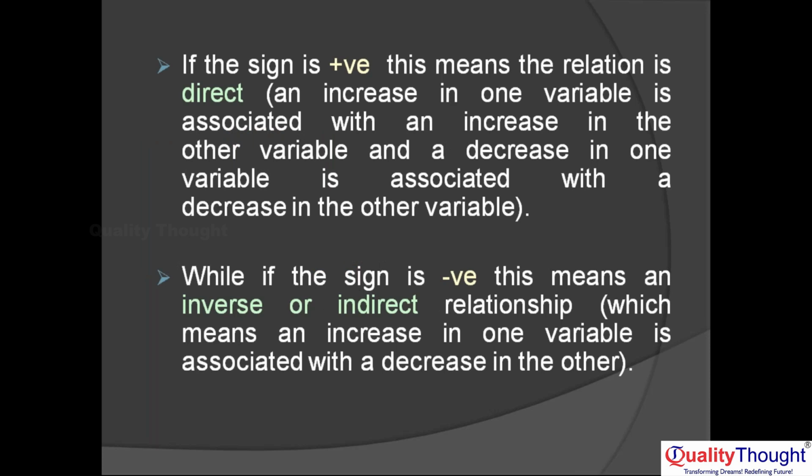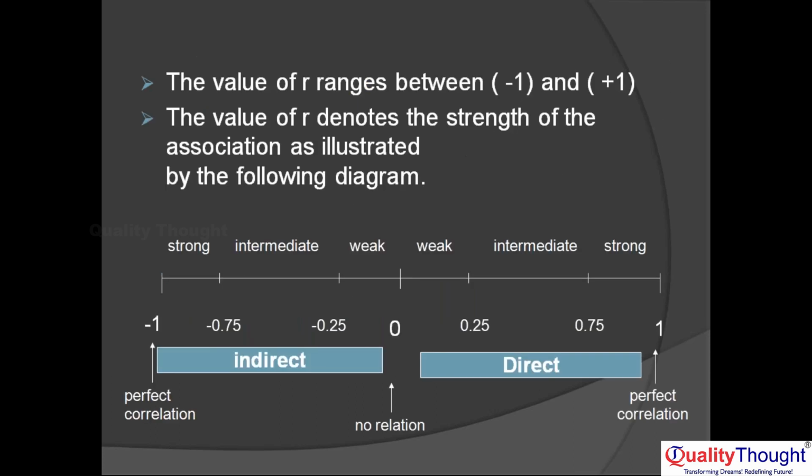If the sign is positive or negative, there are two different types of relationships: direct relationship or indirect relationship. Let us take a look at this part. You can see -1 to 0 and 0 to 1. -1 to 0 represents the indirect relationship. 0 to 1 represents the direct relationship. If it is 0, then no relation.